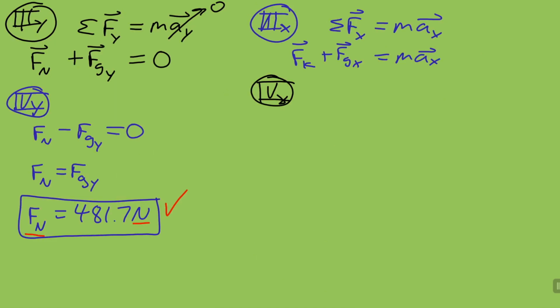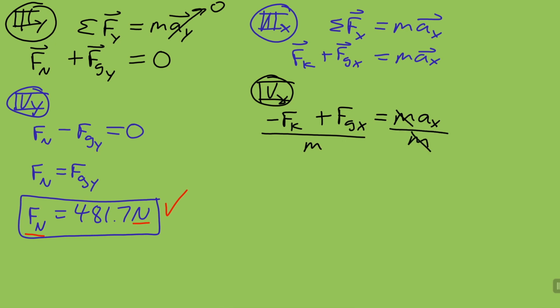So when I take off the hats, that means I'm going to have negative f sub k plus f sub gx, and all of this is equal to m a sub x. And again, I actually have to guess which way we're accelerating. Your life will be easier if you guess that it's accelerating to the right, meaning the new right, to the right along the hill. So we've got that. I'm trying to solve for a sub x. So to get a sub x by itself, I'm going to divide both sides by m.